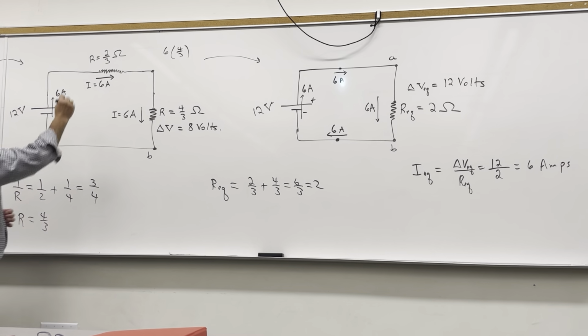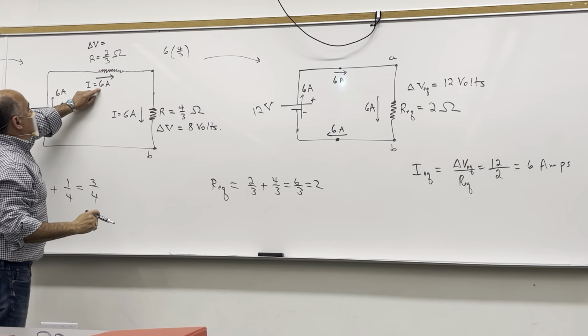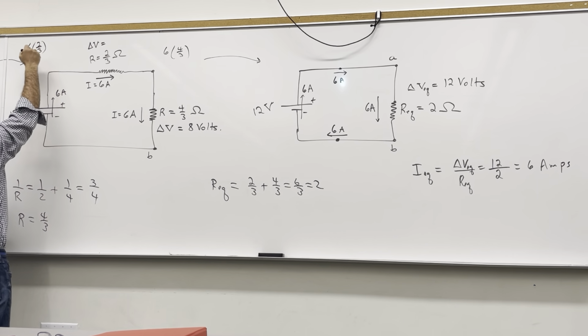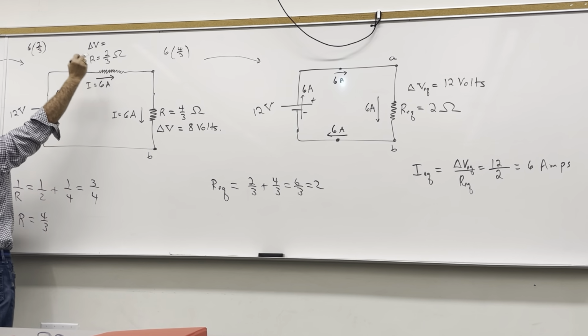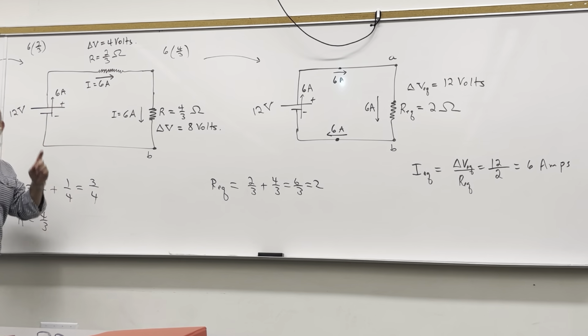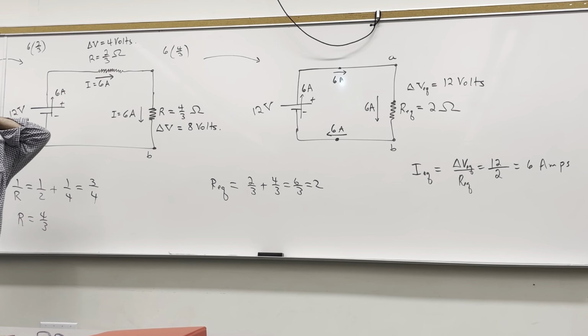And what will be the voltage across this resistor, the one at the top? I multiply 6 by 2/3. How much is 6 multiplied by 2/3? Well, 6 divided by 3 is 2. 2 times 2 is 4. So this should be 4 volts. Now, did I do that right? Let's check. These two resistors are connected in series.